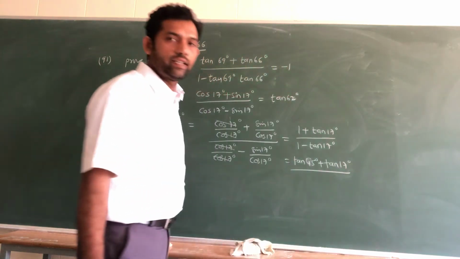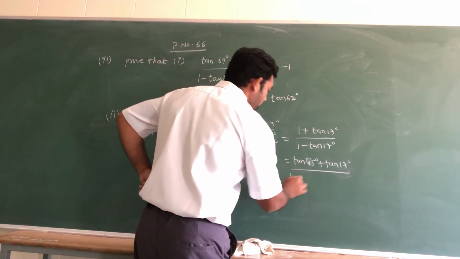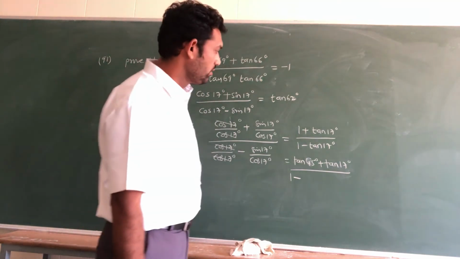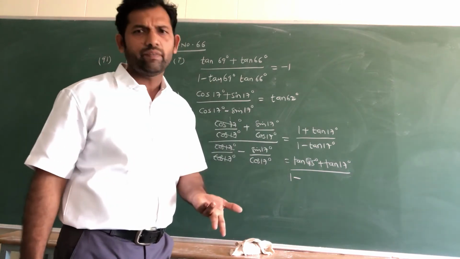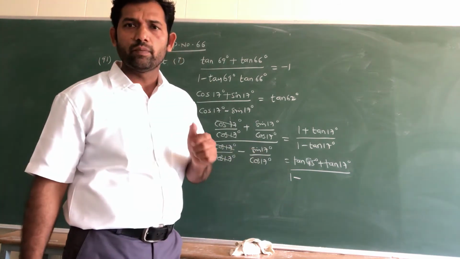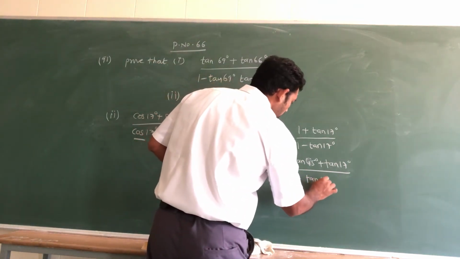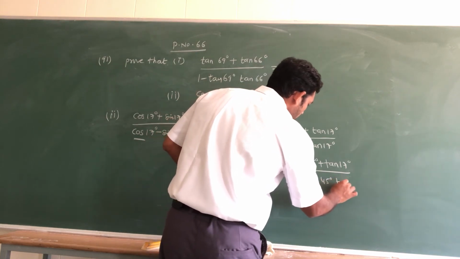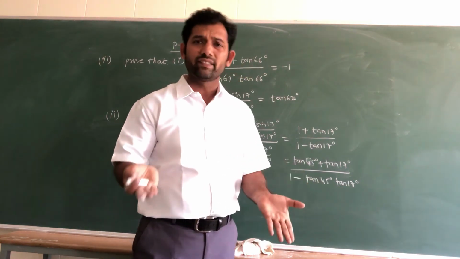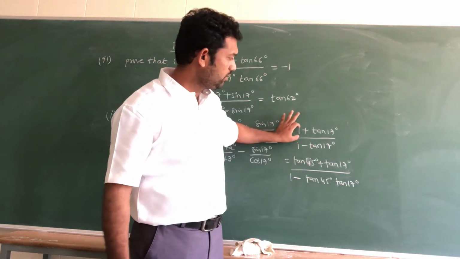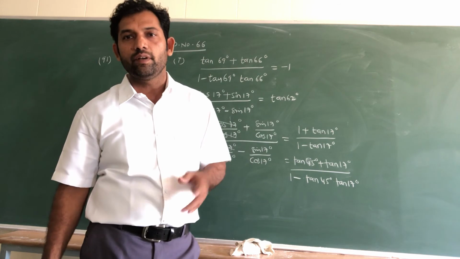In the denominator, tan 17 degrees multiplied by 1 is the same, so 1 can be written as tan 45 degrees into tan 17 degrees. Tan 45 is 1, so the value stays the same. The whole problem is converted into the form tan A plus B.